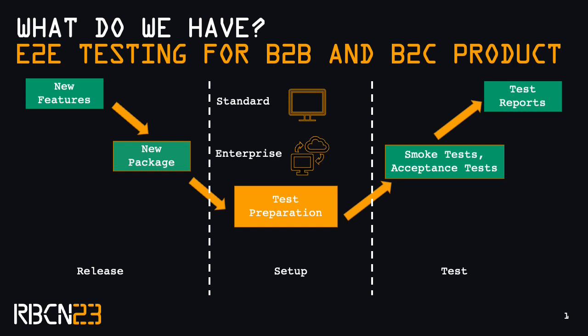When a new feature is finished, the new package will be generated and installed in our test environment. Then smoke tests, acceptance tests, end-to-end tests, and so on will be executed, and test reports will be generated.